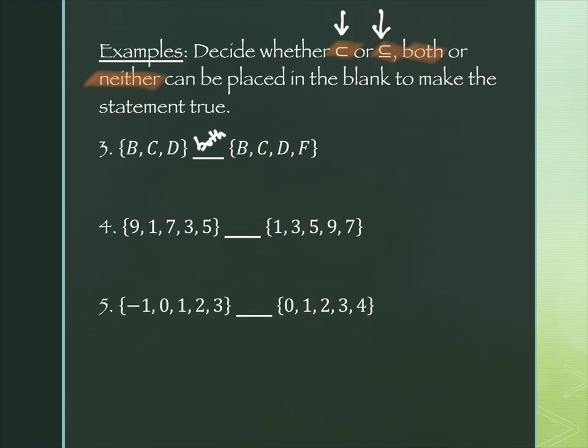So, is everything on the left also on the right? Yes, it is. So going back up to our options, what we've said is that this one works for sure. Are there more items in what's on the right than there are in what's on the left? No. So if there are the same number of items, which there are here, technically you could put what between them? You could put equals.